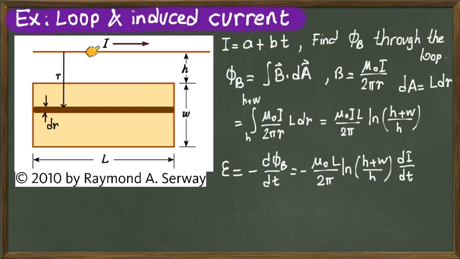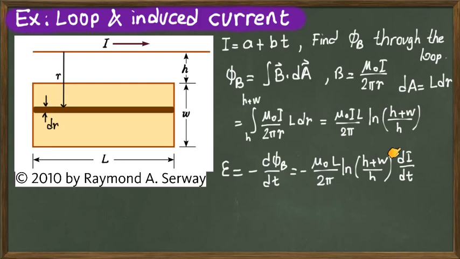In this expression, you only take the time derivative of I, the current, because I is changing. If I were constant, then there would be no induced current in this rectangular area because d phi over dt would be 0. But now I is changing over time, so I have a constant electromotive force because I depends linearly on time. And dI over dt is nothing but just b.